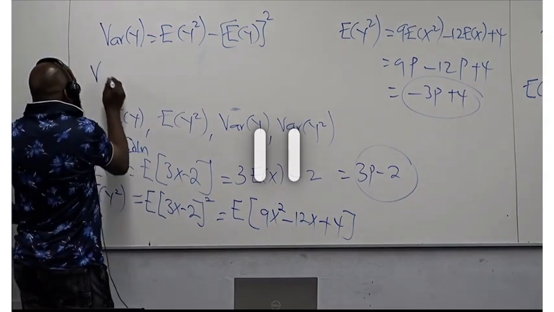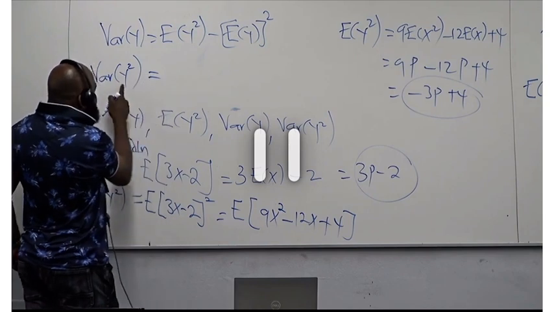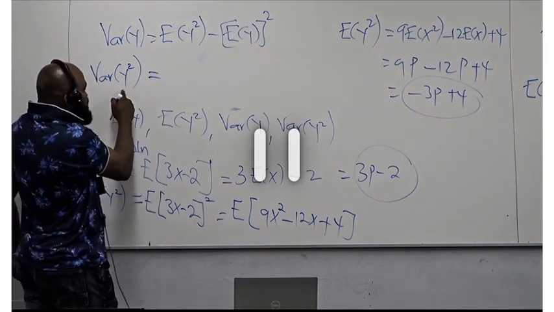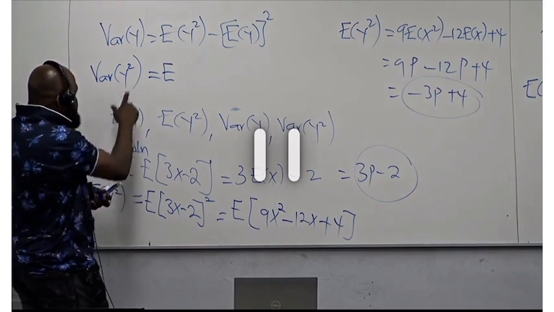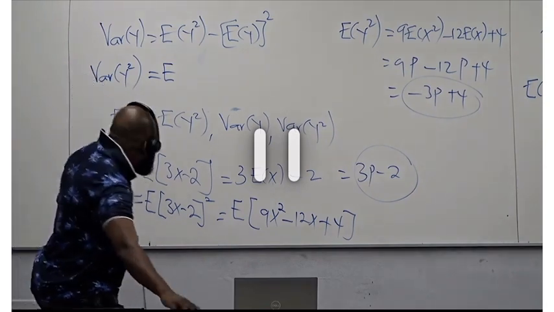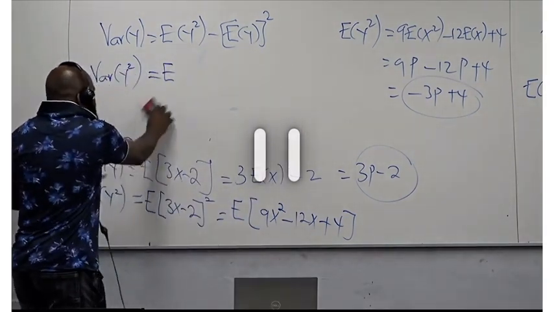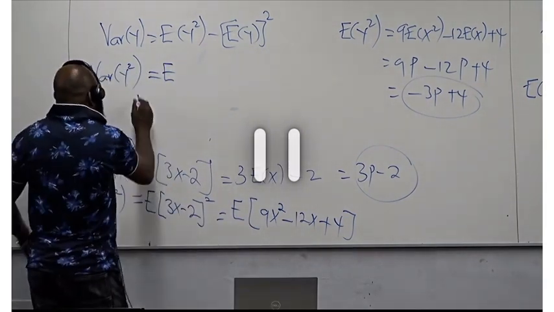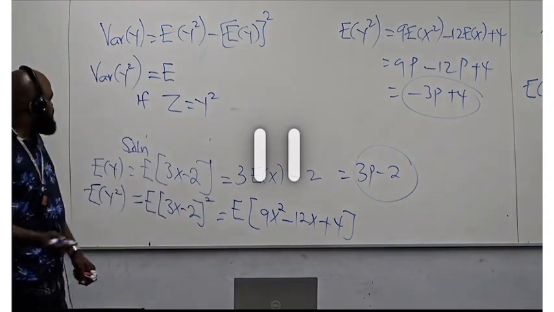If I want to get the variance of y squared, why can't you do this? If you let z equal y squared, what is going to happen?